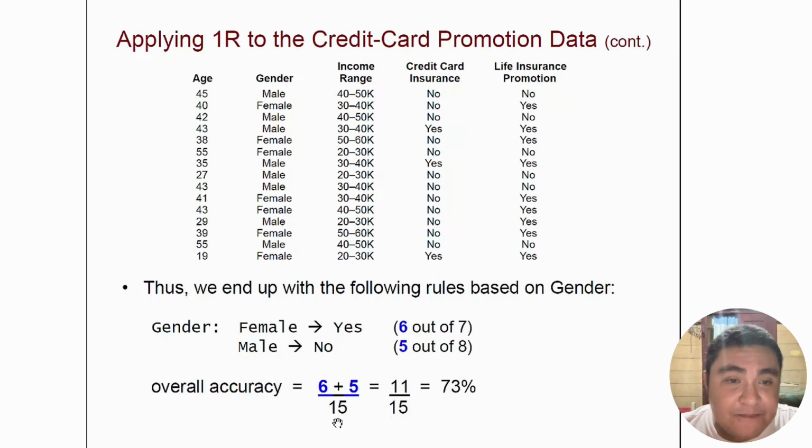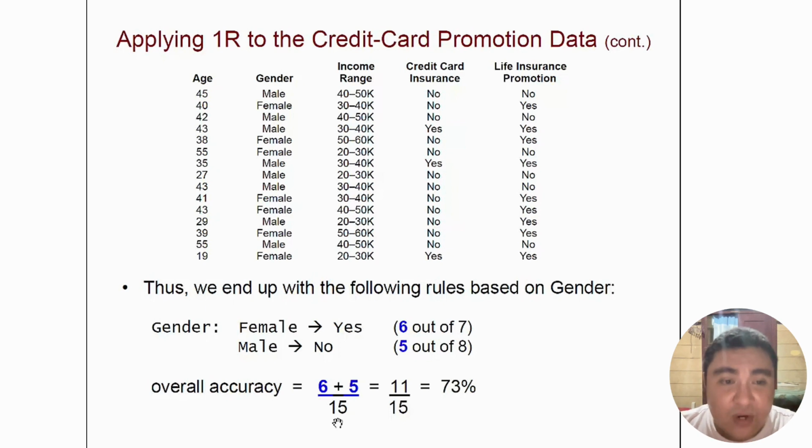If we put that into numbers, for female you have 6 out of 7, and for male you have 5 out of 8. We are just getting the majority. So 6 plus 5 is 11, and the total is 15. 11 divided by 15 is 73% accuracy.